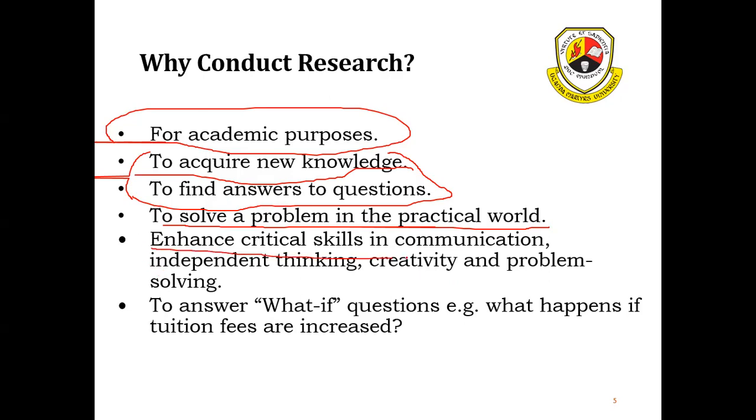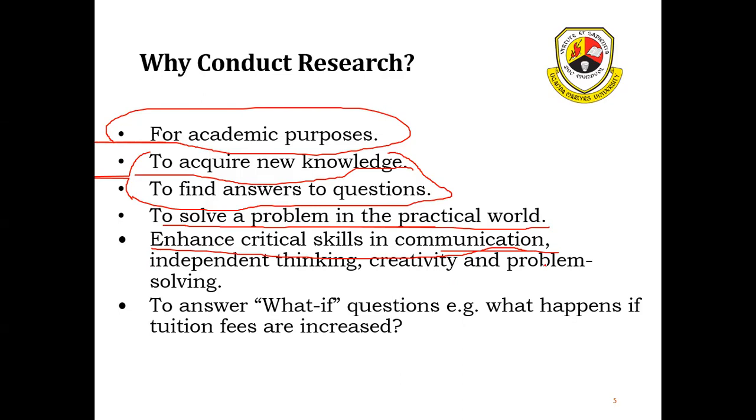It enhances critical communication. This is extremely key, okay? You remember the first assignment I gave you, I asked you to report back what this other article is saying in your own words, meaning you need to understand the other person's point of view and then communicate it.